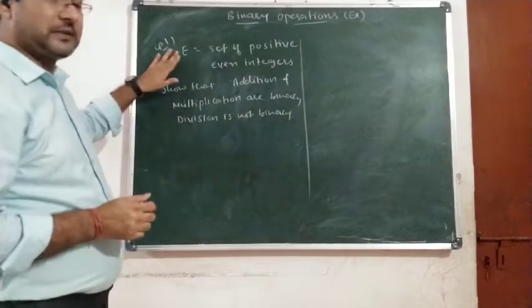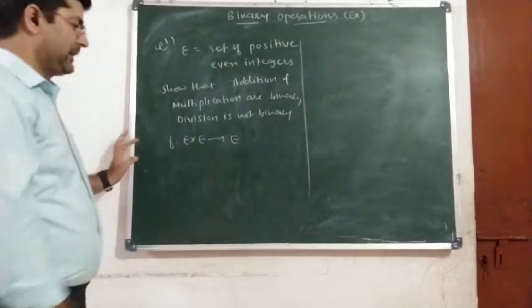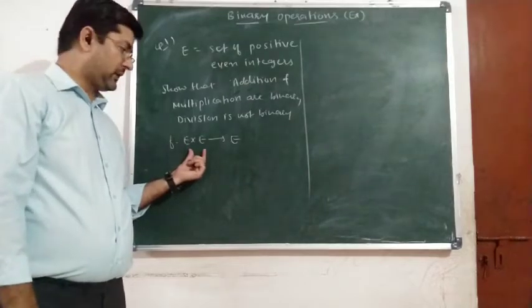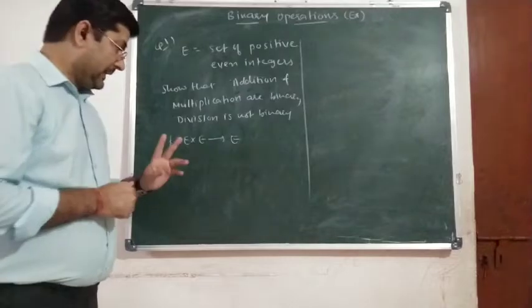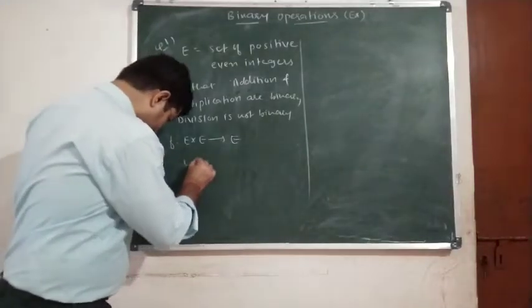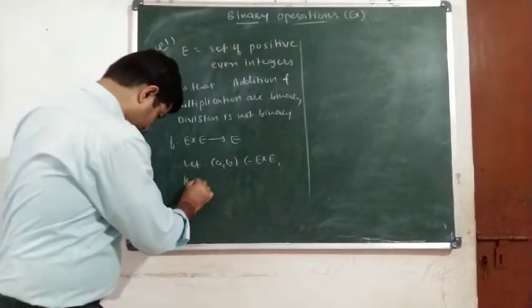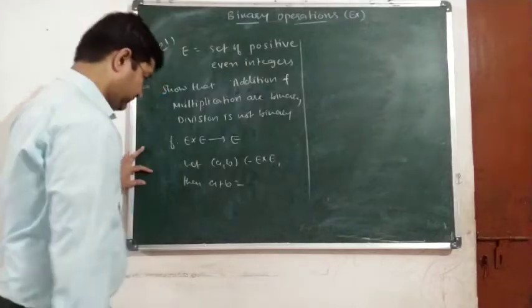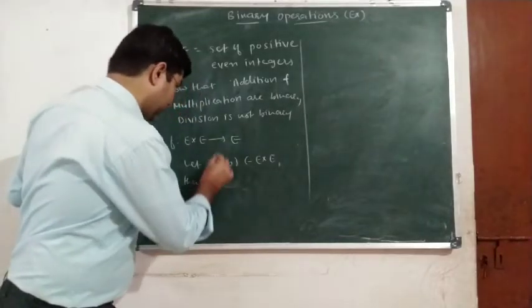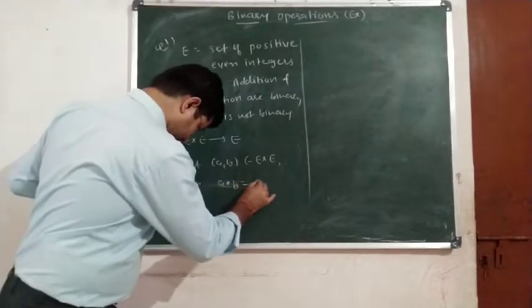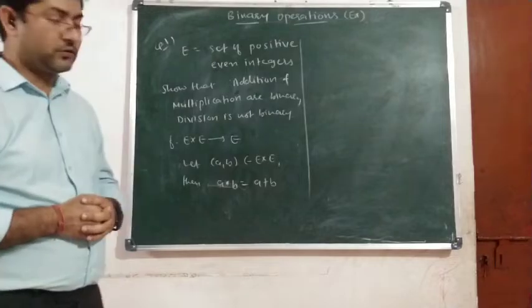If a binary operation is defined on set E, then we can consider a function f from E cross E to E. That means the domain is E cross E, and the codomain is E. So let A, B belong to E cross E, then A operation A asterisk B is given by A plus B. Now we know that A plus B, the sum of two even integers, will always be even only. Clear?